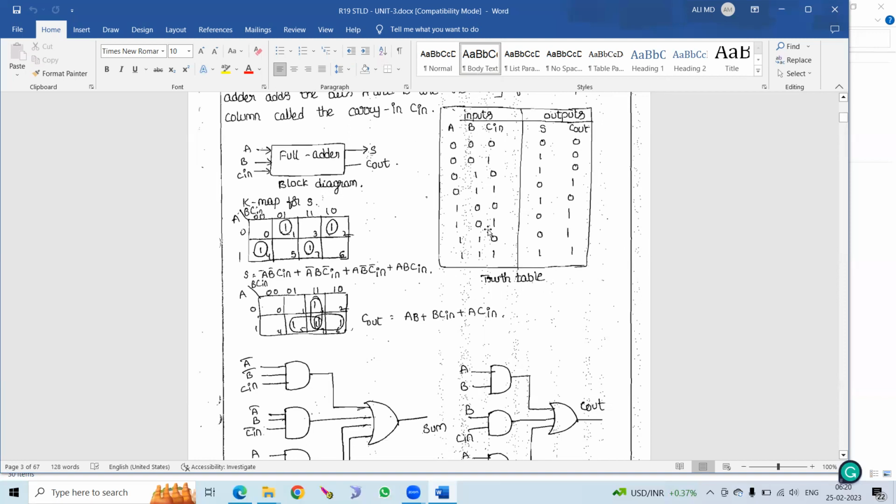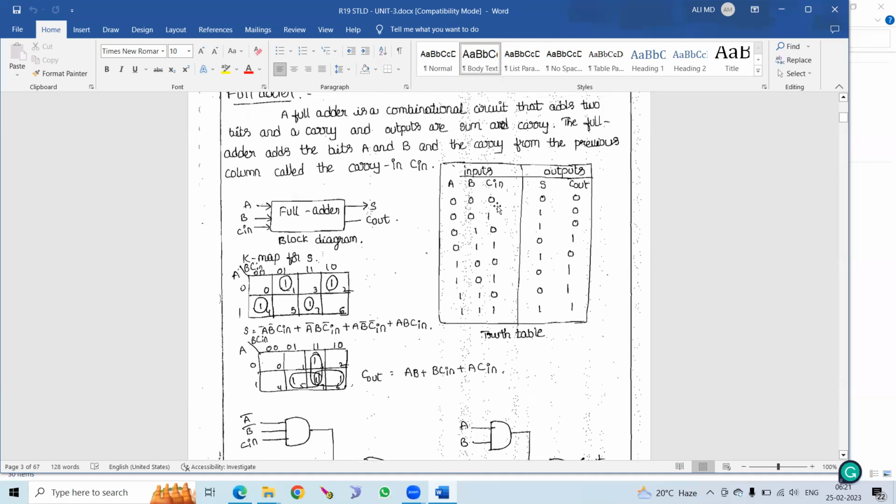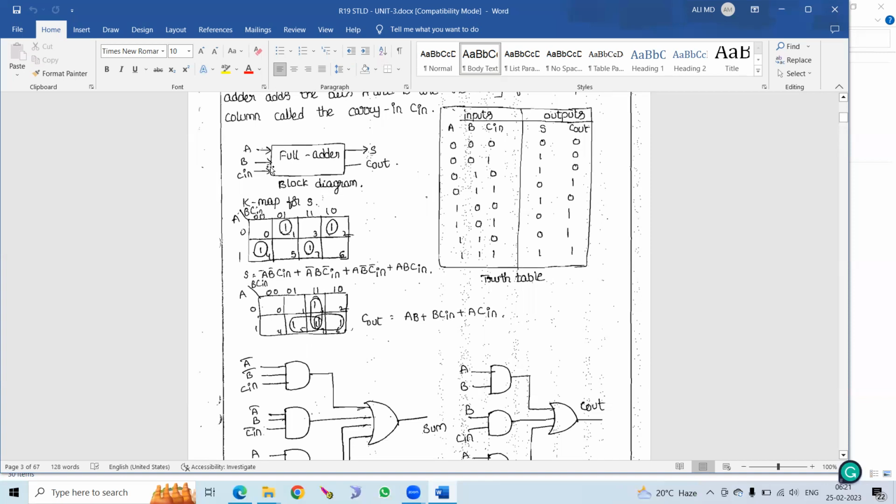Here, instead of the addition of two bits, we are going to add three bits, with their carry input. By using the truth table for sum and carry, the sum values are 0, 1, 1, 0, 1, 0, 0, 1.